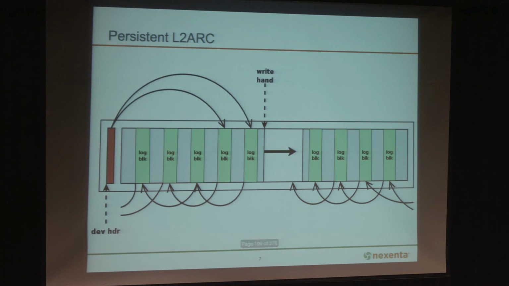I have a small graph here that roughly explains it, hopefully. What we do is we store a little device header on the L2ARC device itself that points us to sort of a doubly linked list. Well, not in two directions. It's more like two linked lists that are interleaved.